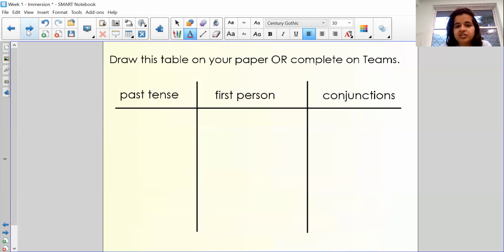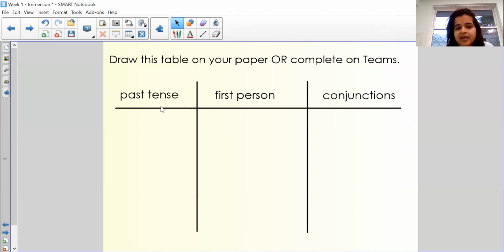Okay? Once you are done that, please can you draw this table on your paper, or you can complete this table on Teams. Okay, so I will put up another Word document on Teams. It will have a table that looks exactly like this. The titles will be past tense, first person, and conjunctions.